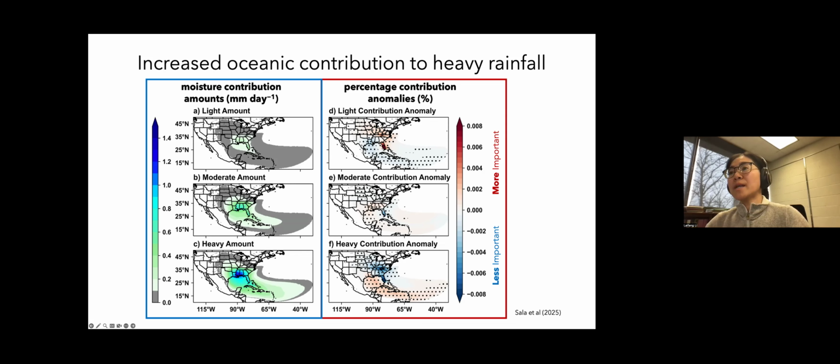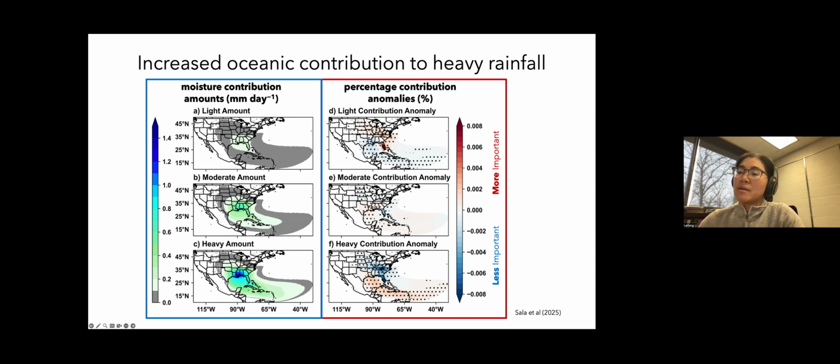But for the oceanic region, we can see a significant decrease of the moisture supply as indicated by this bluish color. The heavy rainfall events' moisture contribution or moisture importance is very different from the light rainfall. It's almost in contrast pattern.